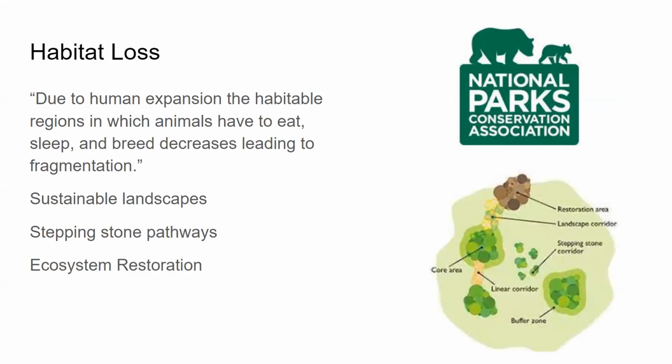So once they are fragmented into these different subpopulations, they are now trying to create like a stepping stone or a landscape corridor between these different groups where they will feel safe traveling in between the populations and allow them to diversify their genetic alleles between these groups instead of being so separated and causing a bottleneck.